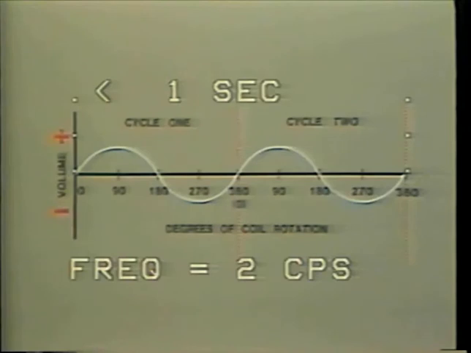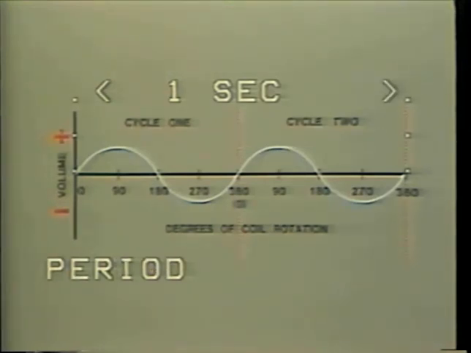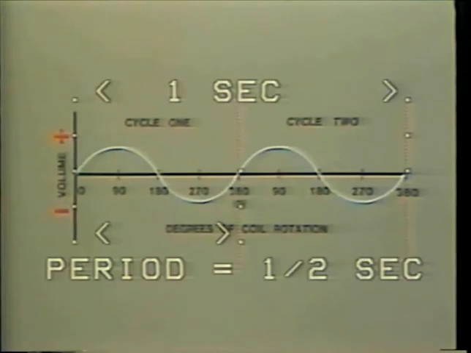The time it takes for 1 complete cycle is called the period and is equal to 1 divided by frequency. In our example, the time to complete a full cycle is 1 divided by 2, or half a second, as shown here.